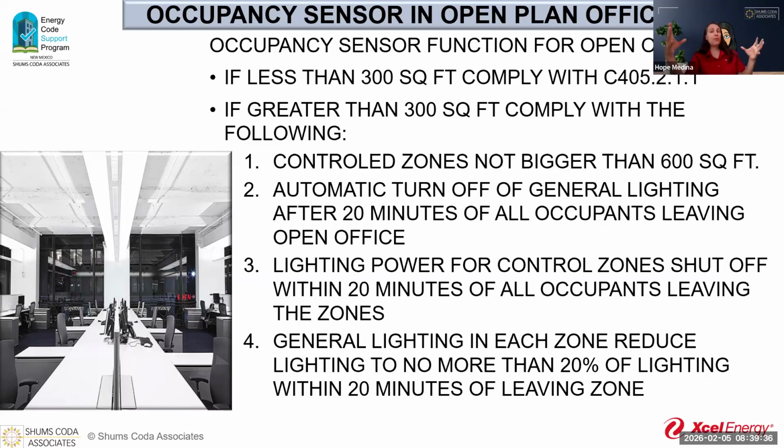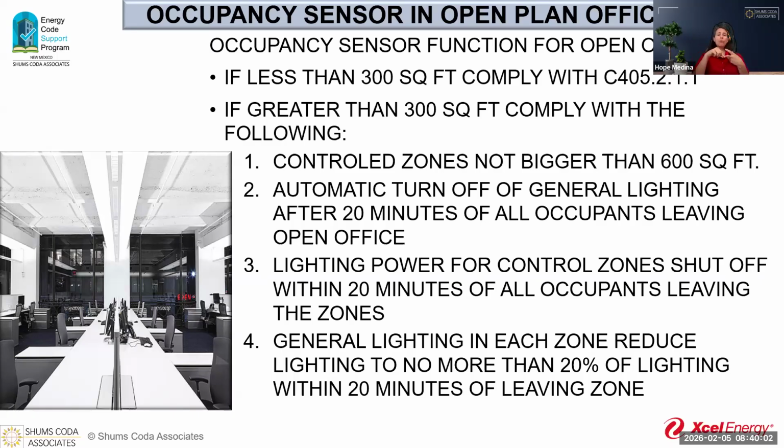But if that space for that open office is greater than 300 square feet, now it's a little bit different as far as how the occupancy sensors are going to work. So you're going to have zones. The zone cannot be bigger than 600 square feet. It's going to turn off the lights 20 minutes after all occupants have left.